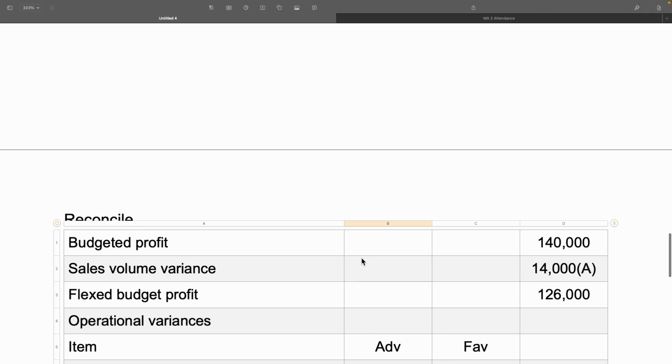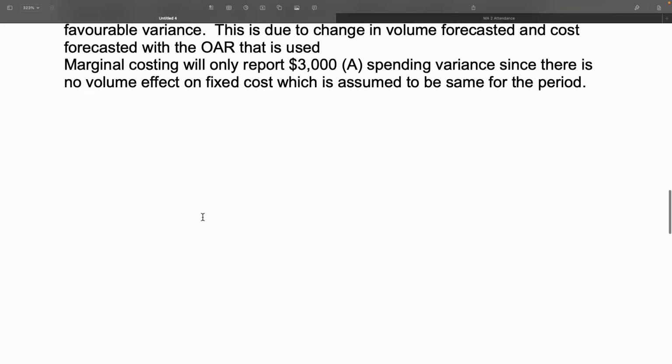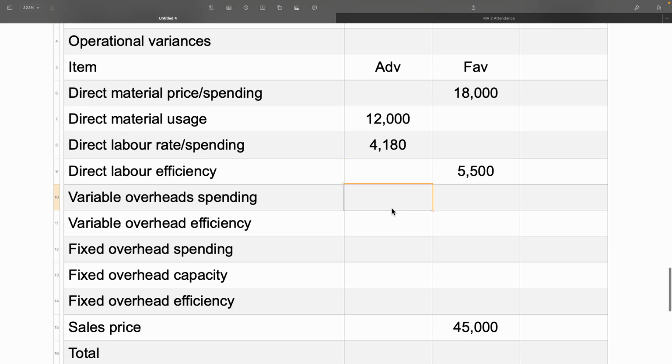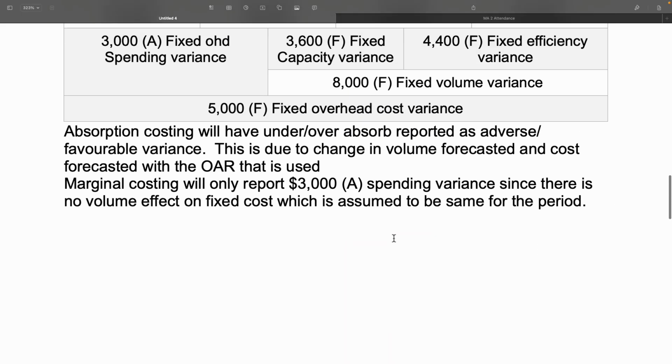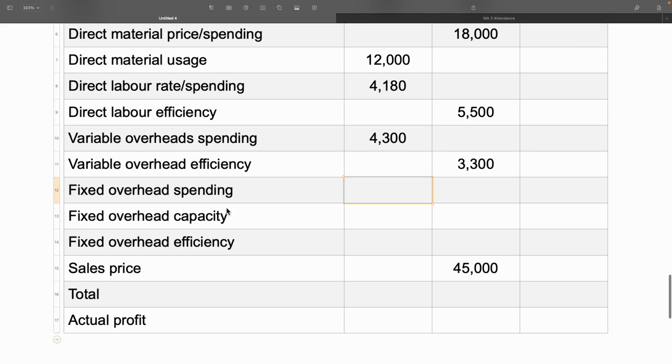Right, then you got variable overheads, 4,003, 3,003. Fixed overhead spending, you had, well, 3,000 adverse.